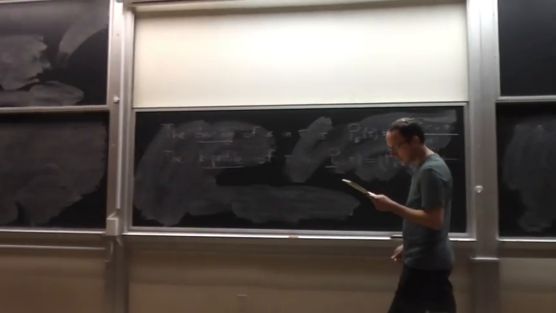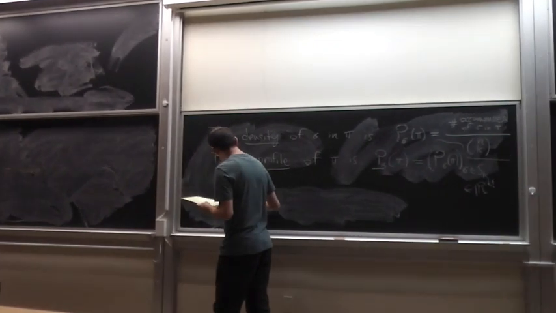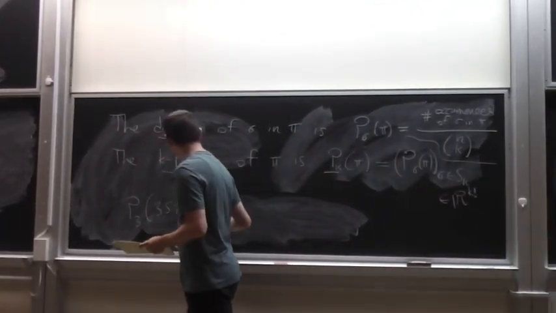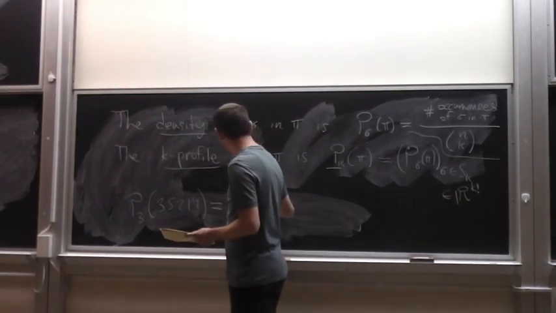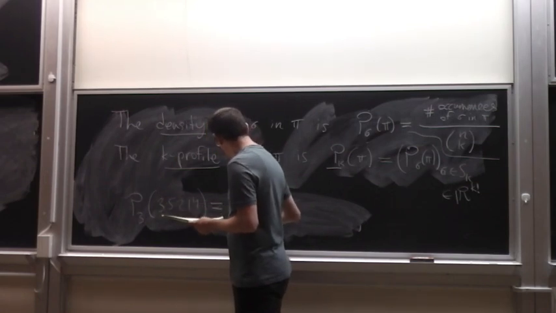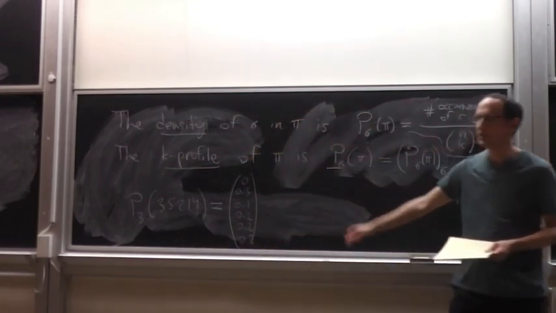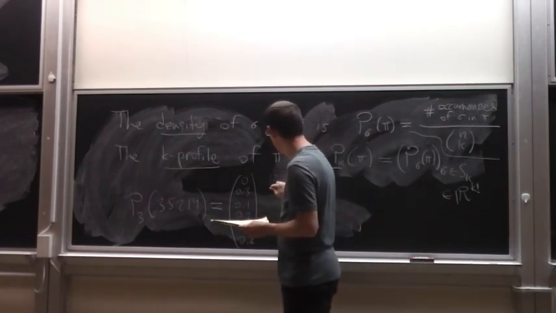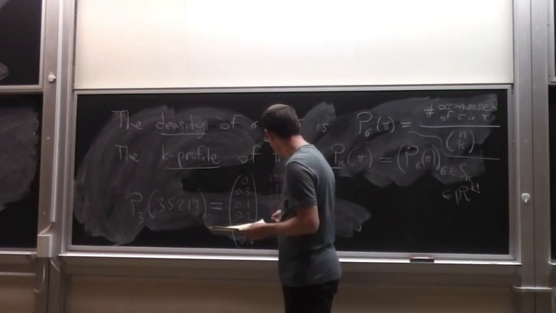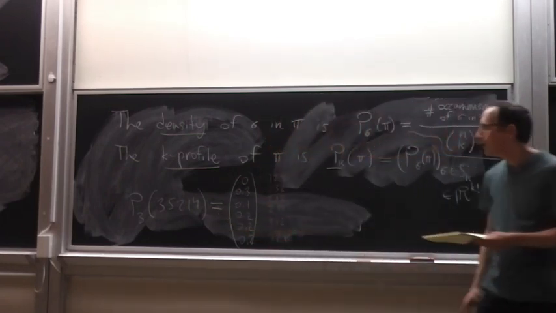These are the definitions, and we can, for example, write the 3-profile of our permutation 3, 5, 2, 1, 4. It's going to be a 6-dimensional vector, which turns out to be 0, 0.3, 0.1, 0.2, 0.2. Now we have to order the coordinates in some way, and it doesn't matter, so arbitrarily we're going to use the lexicographic order here. At least for k equal to 3, let's make it explicit, and we'll see it again.